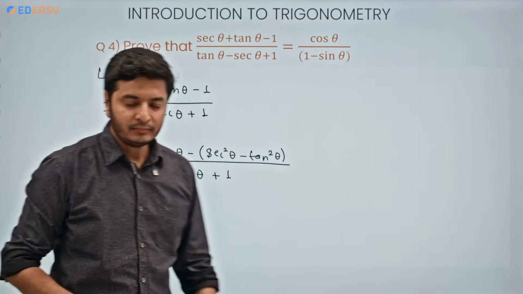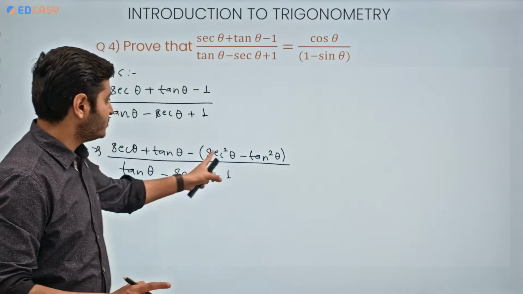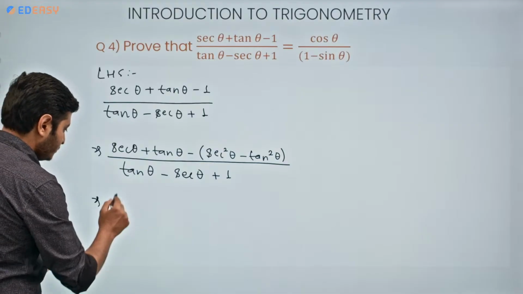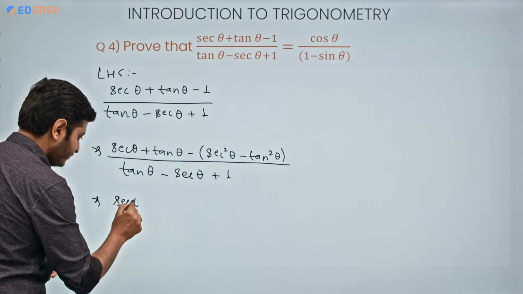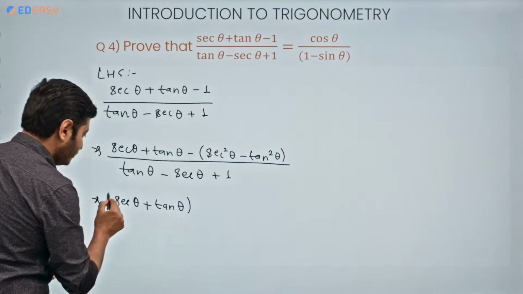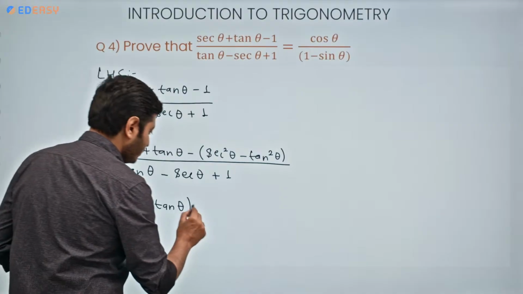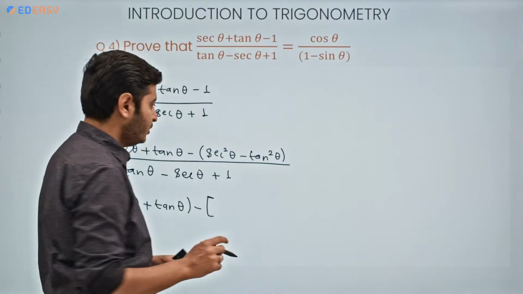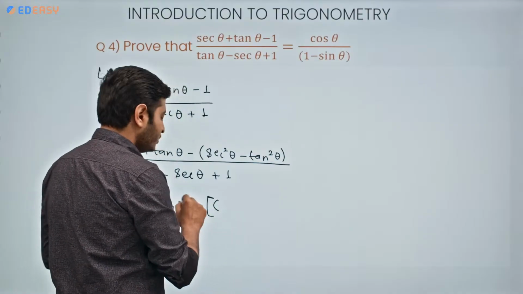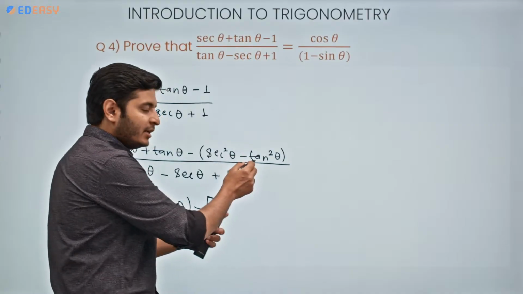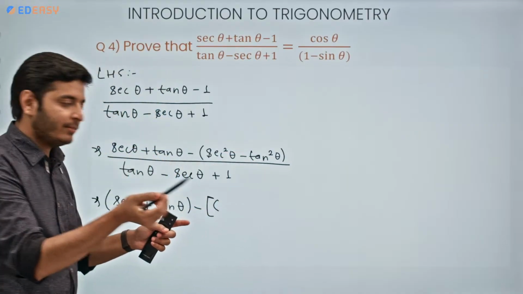Again, we can apply a square minus b square here, correct? So secant theta plus tan theta, you can put this in bracket minus here. I will open the square bracket now, and inside a square minus b square, a plus b into a minus b.